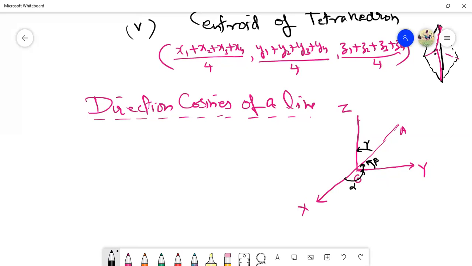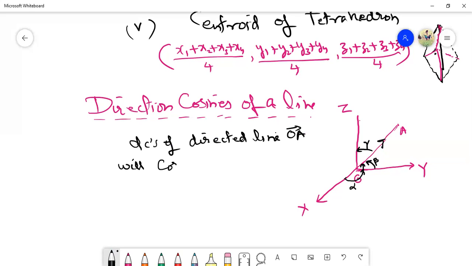So the direction cosines of a directed line OA, it has direction, so it is called a directed line, will be the cos of the angle which the line makes with the x, y and z axis.